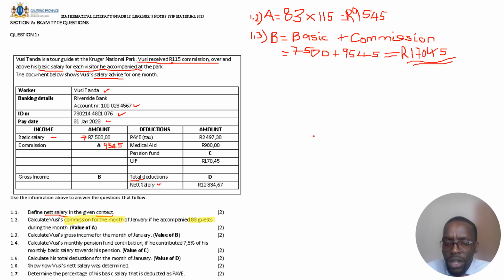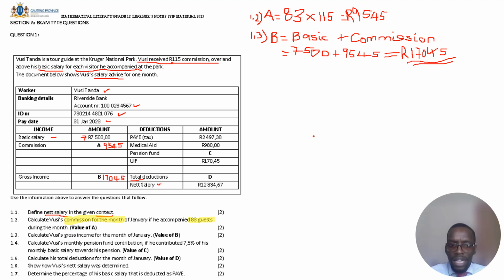That becomes the value for B. So it means here the value after we have added this and this is going to be 17,045. Okay, well done.